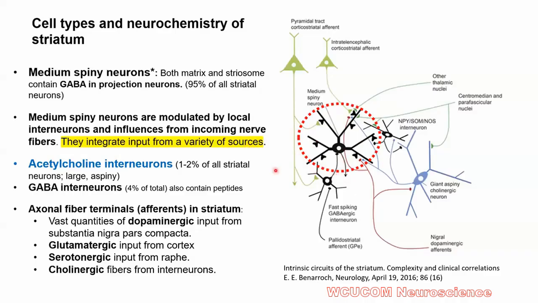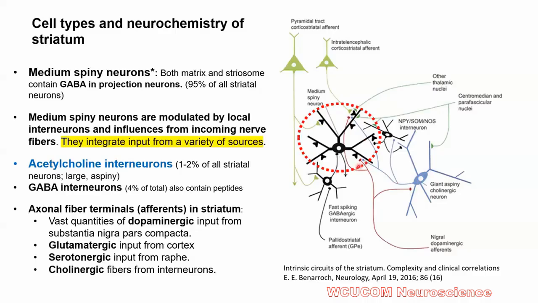Now, at the same time, acetylcholine interneurons, which make up 1 to 2% of all striatal neurons, these large aspiny neurons, local neurons, cholinergic interneurons, will also make synapses on our main neuronal type.